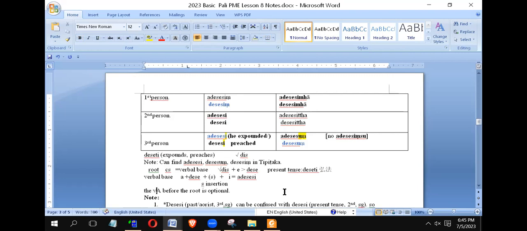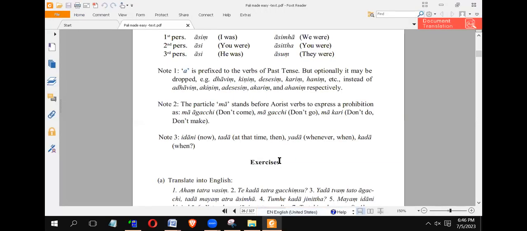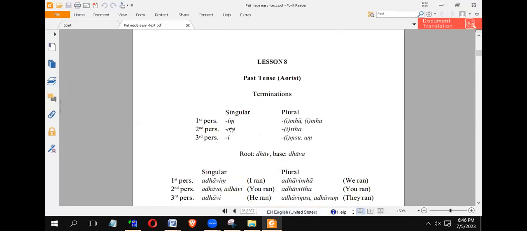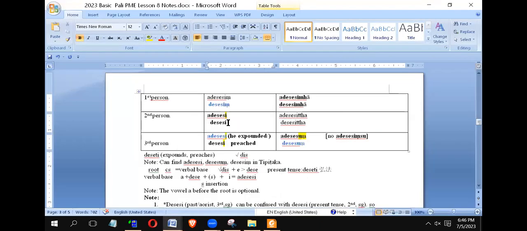The vowel A. So here you only find I. All right. So here no O. Just now in Pāli Made Easy, you can see the example given is O. Second person is I, O and I. But in this, no O and I. It's only I. So you don't have this form. Okay. This is not found.